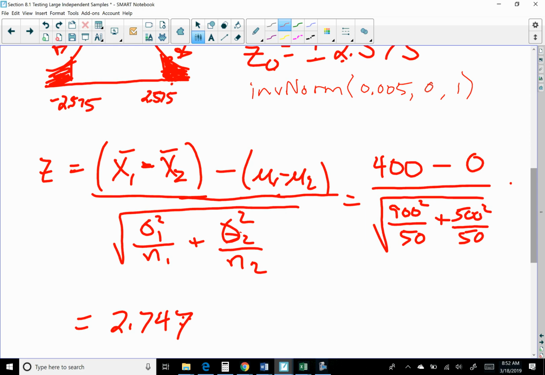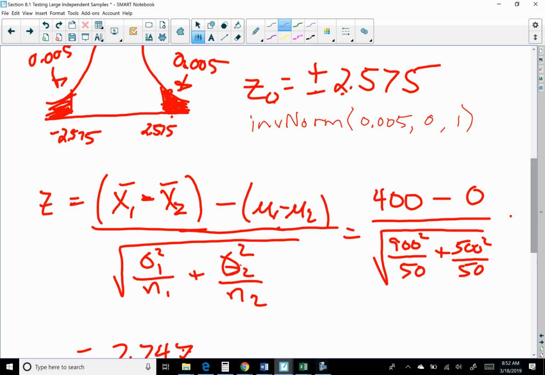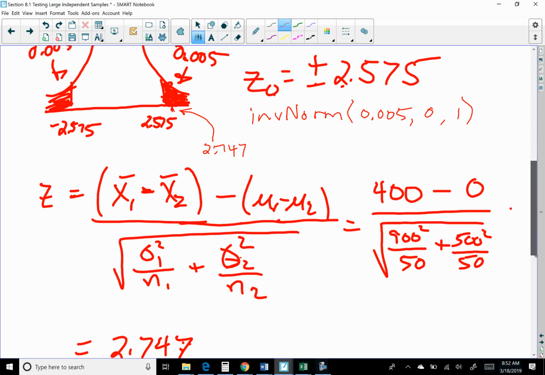So if I come up here to my sampling distribution and I draw it in, it's kind of hard to see, but it would be right in here, 2.747. I am in the shaded rejection region.